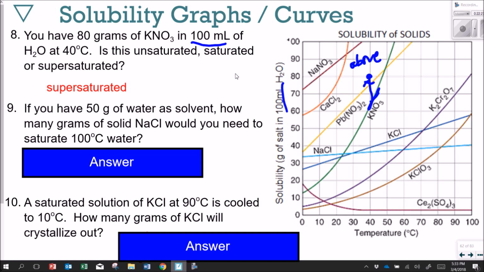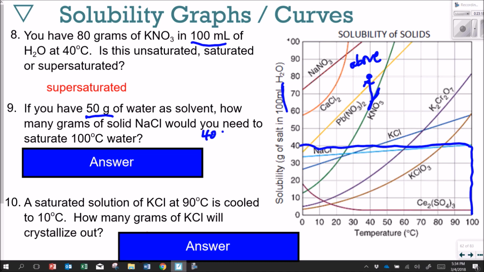Number 9, if you have 50 grams of water as a solvent, how many grams of solid sodium chloride would you need to saturate 100 degrees Celsius water? So I have 50 grams of water. It does not match my graph. So from my graph, I will know how much will dissolve in 100 grams of water, because grams and milliliters are interchangeable. So I go to 100 Celsius and sodium chloride, and I see that 40 grams will dissolve.